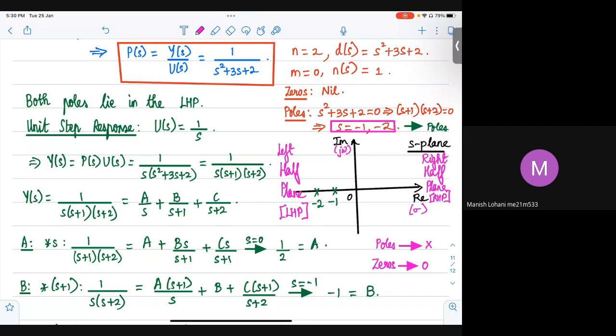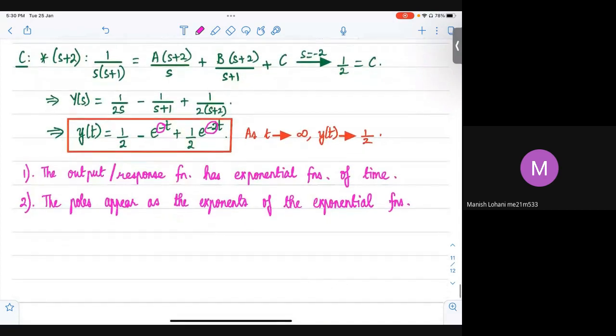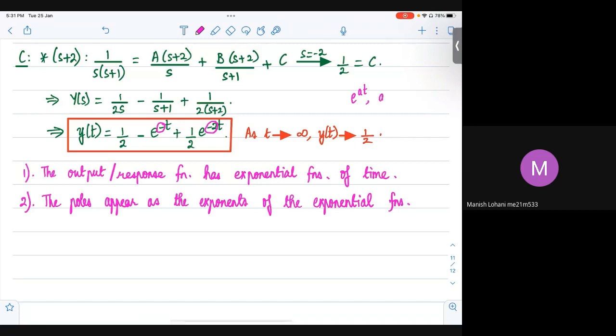So we can immediately observe that, interestingly, the response function or output function has exponential terms, and the exponents of the exponential terms are the poles. What do we mean by exponent? If we have an exponential function e power at, the parameter a is what is called the exponent of the exponential function.